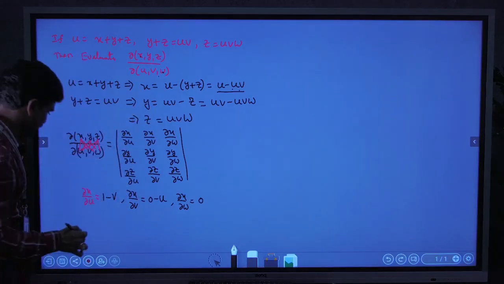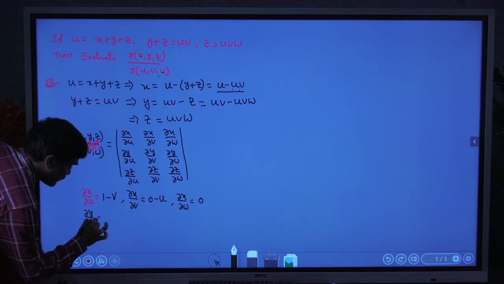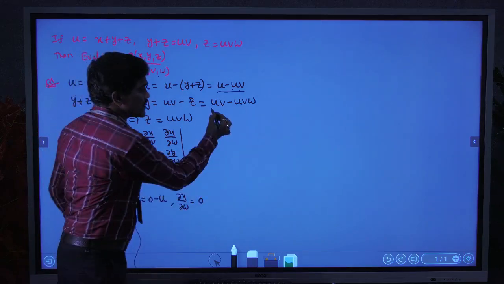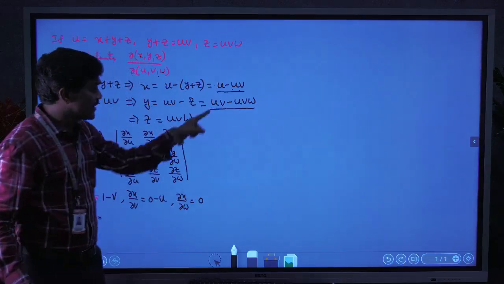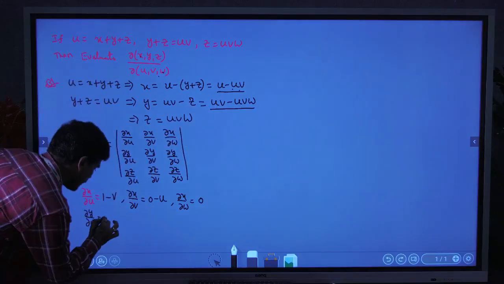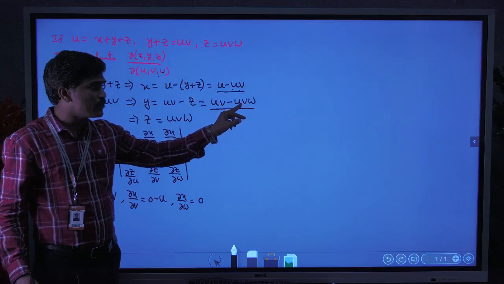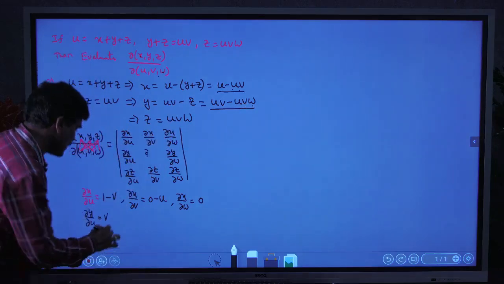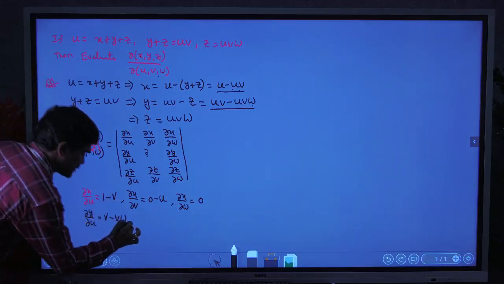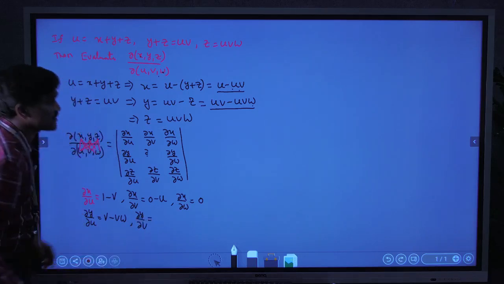Then take y. ∂y/∂u. Take y with respect to u. This is the function, right? With respect to u, v is constant, the u derivative is 1 minus uvw with respect to u, where vw is constant, and the u derivative is 1. Next, ∂y/∂v, for the same function with respect to v.